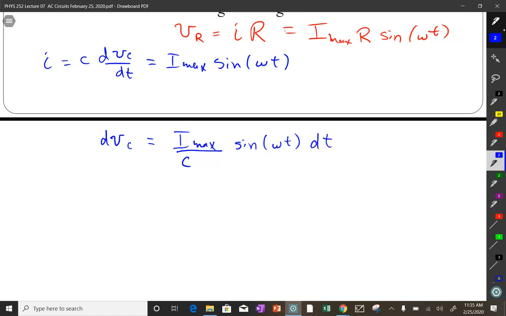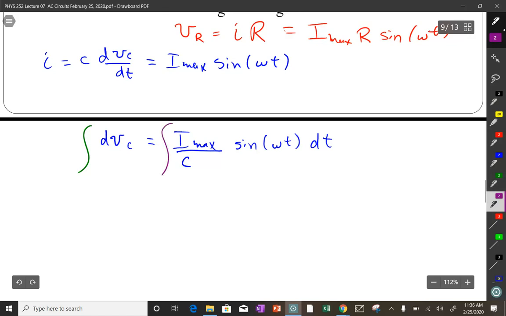I moved the Imax over C so they'd be together. Well, now we separate variables, we integrate the two independently.